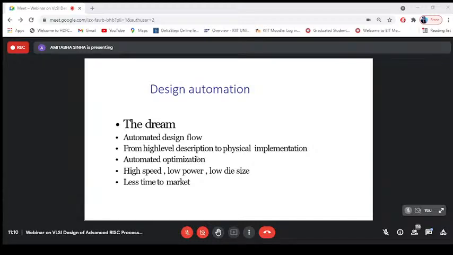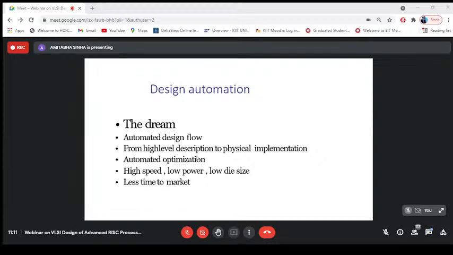So we'll be describing our design ideas at a very high level, and that could be translated onto the layout. And the ambitions are high speed, low power, and low die size. Speed means the performance, low power dissipation, and low die size. The size of the chip will be very small, and less time to market.